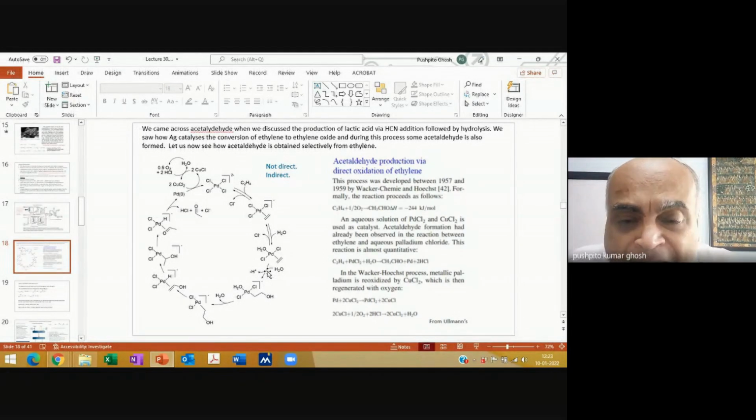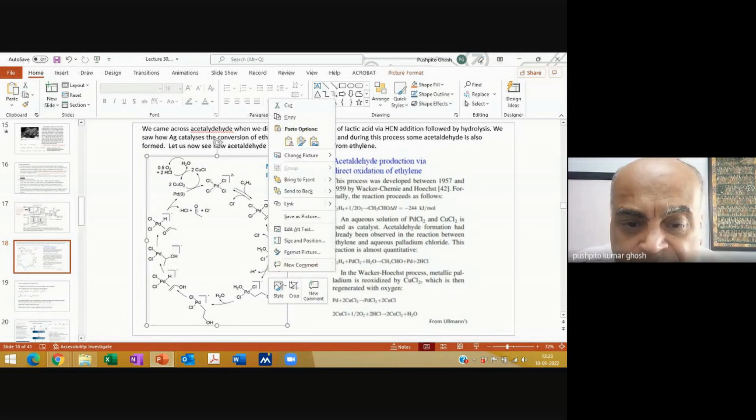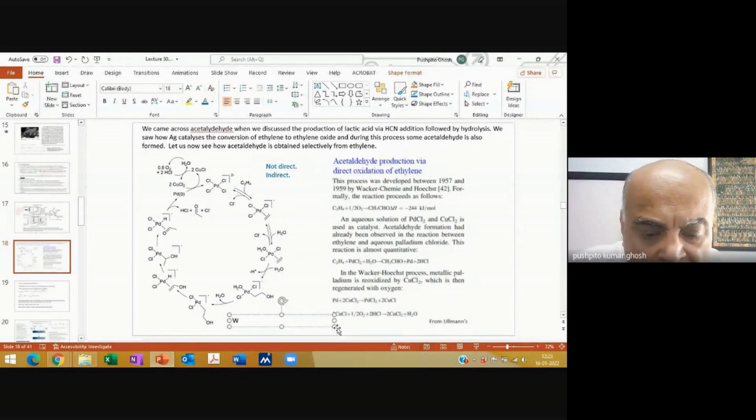By the way, the Wacker process is the first known example of use of organometallic chemistry in an industrial process. Let me also put that down. It's the first industrial process based on organometallic chemistry.